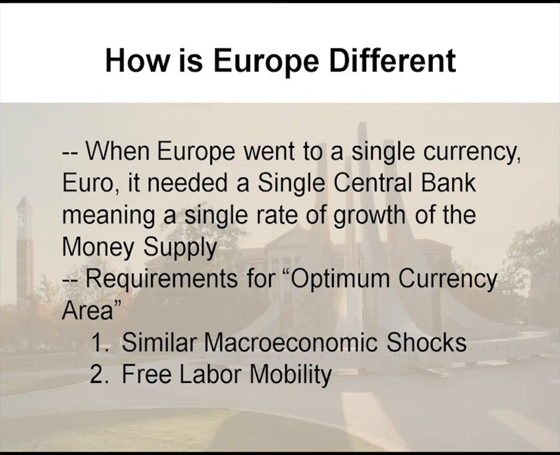That means that there is a single rate of growth of the money supply for all of Europe. Countries that run high deficits might like to see the central bank financing those deficits by increasing the rate of growth of the money supply, but now that offends countries that are not running high deficits because those countries may be experiencing inflation because some other country has had a high deficit.